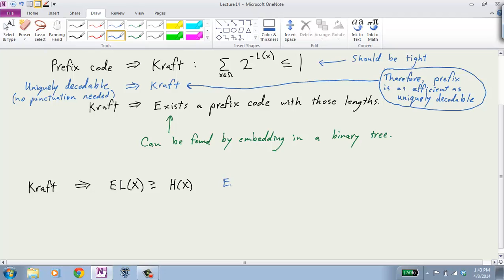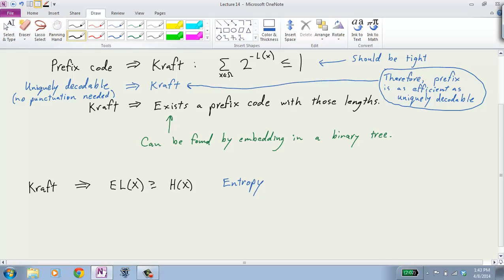So this is entropy. We saw that because if you just take Kraft inequality, you ignore the fact that the lengths have to be integers, you can solve this optimization in a straightforward way and find that the minimum would be the entropy.